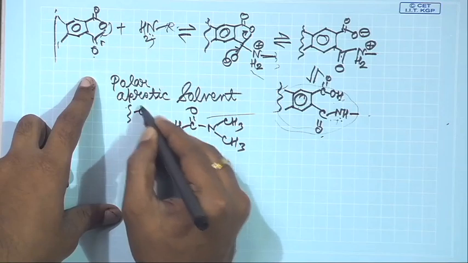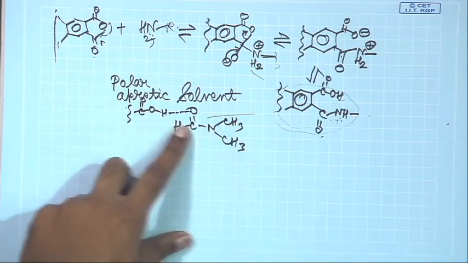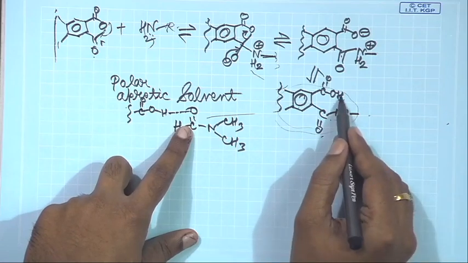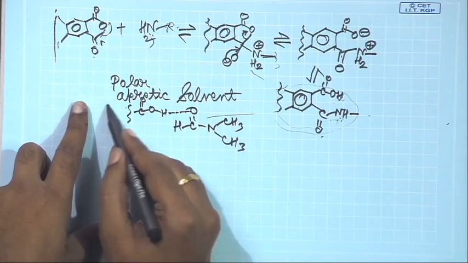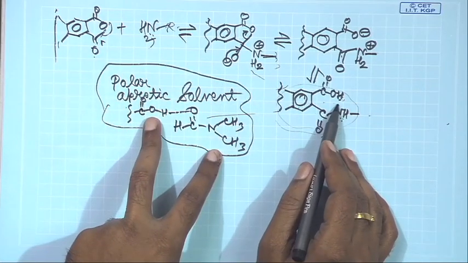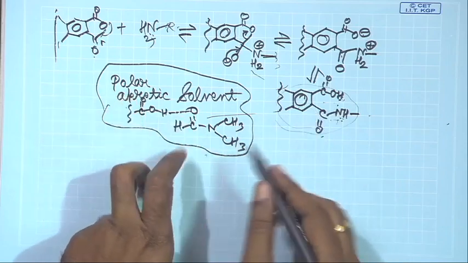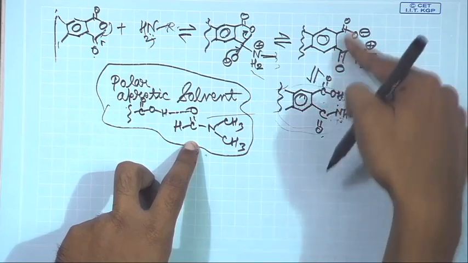So, you have COOH, and they can have this kind of hydrogen bonding interactions. So, this proton is no longer available to be transferred to this nitrogen. So, these kind of strong hydrogen bonding complexes the solvent forms with a free carboxyl group actually stops the proton from being transferred from carboxylic acid to the carboxamide. So, this reverse step is stopped.